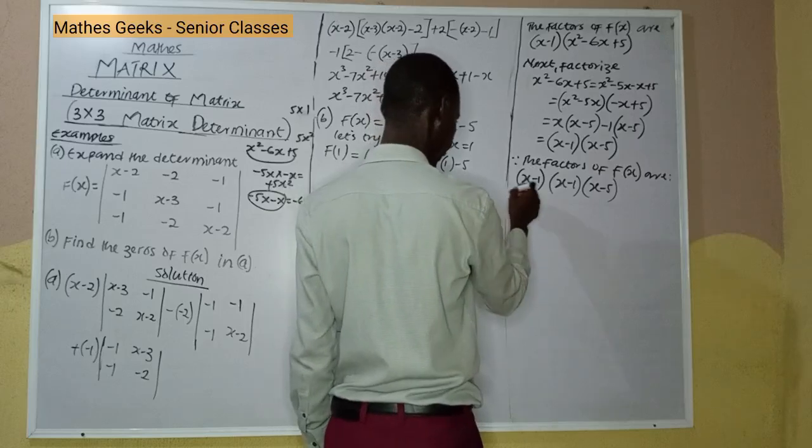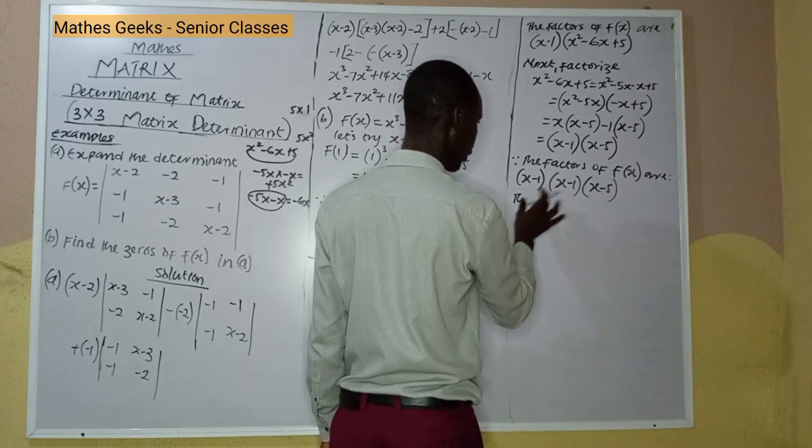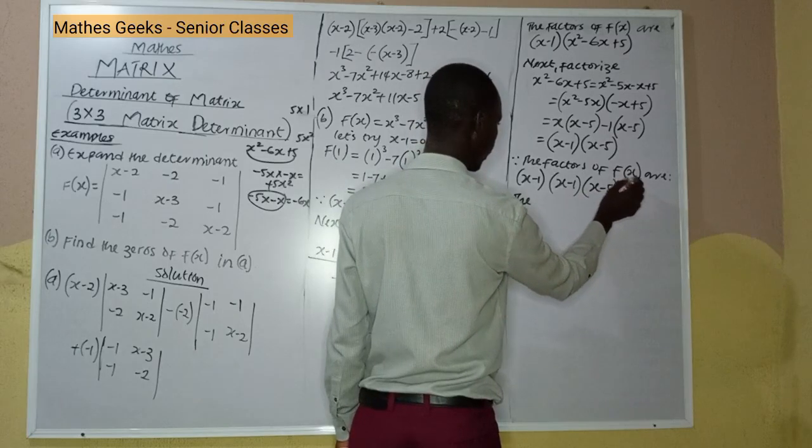To get the zeros, equate each of them to 0.